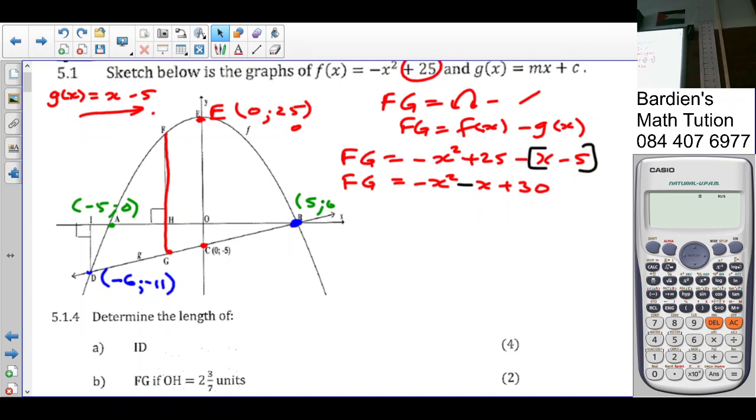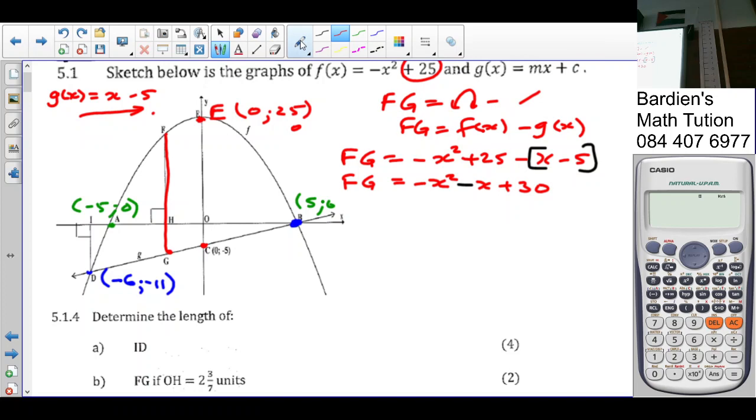Right. So we must calculate the length of FG if OH is 2 and 3/7. We see that FG is on the negative part of the y-axis. What does that mean? That x has to be negative.